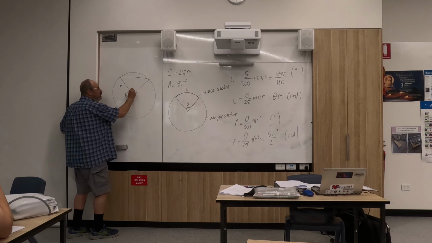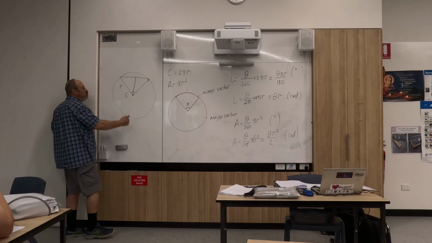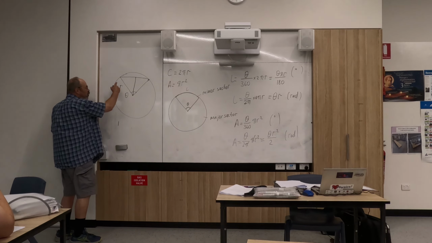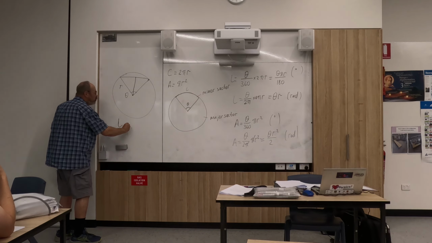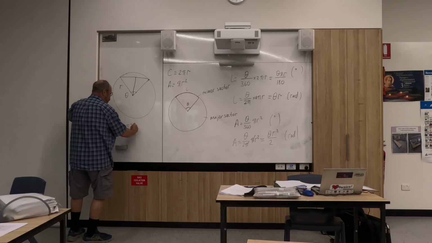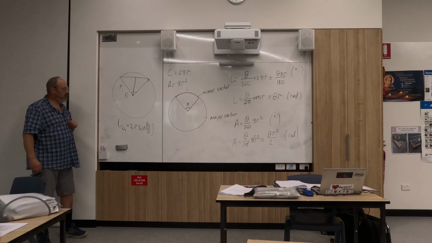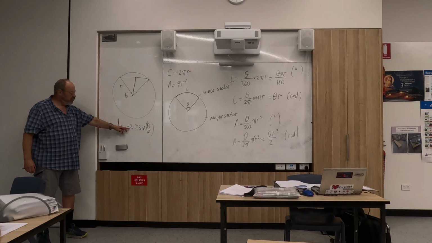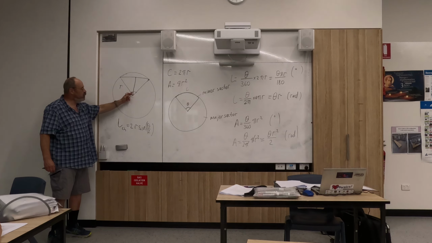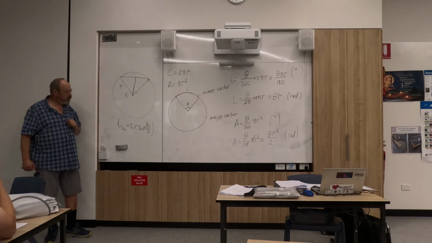So if we draw the height, which will divide this into two halves, using SOHCAHTOA, this will be r sine theta over 2. So the length of the chord will be equal to 2 times r times sine theta over 2, because this is half of the chord. That's how we can find the length of the chord.